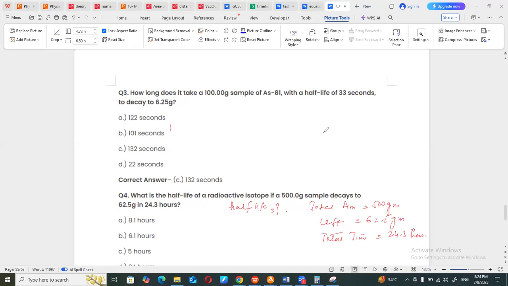The formula is 2 to the power n is equal to 500 divided by 62.5.